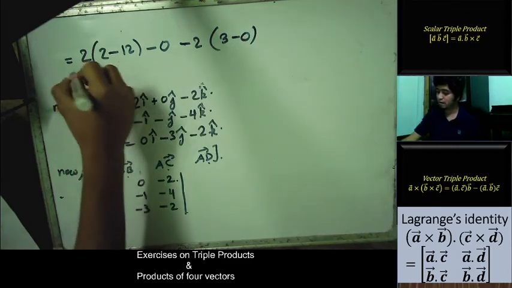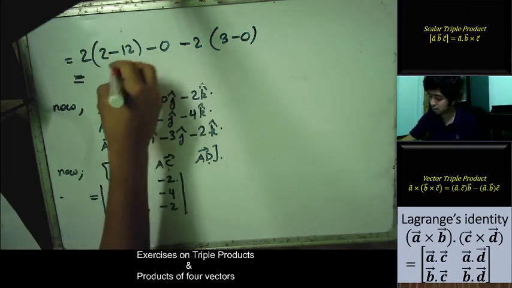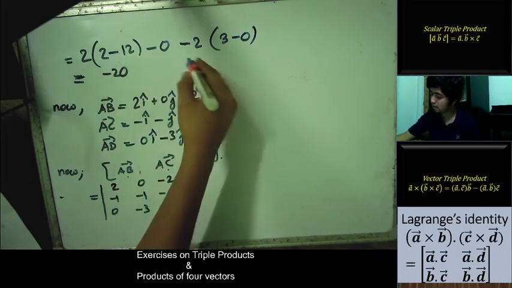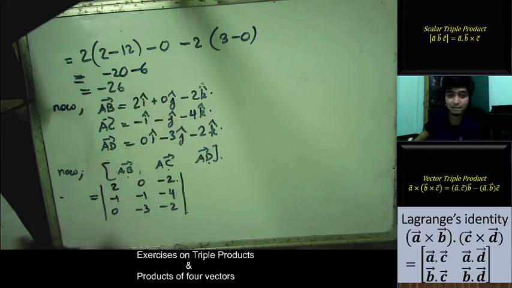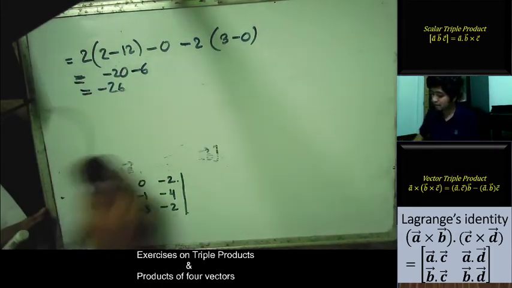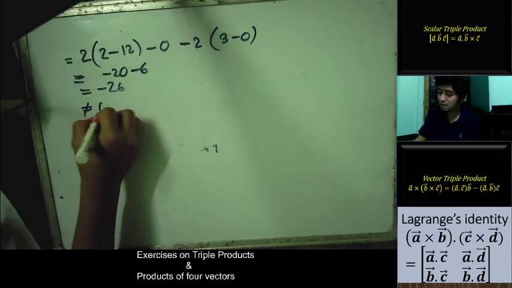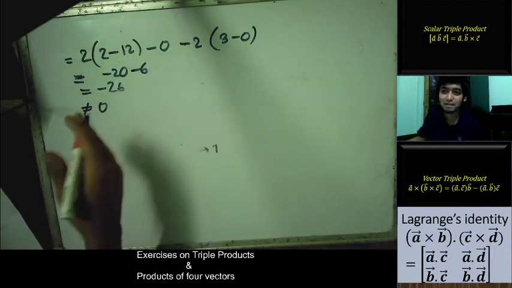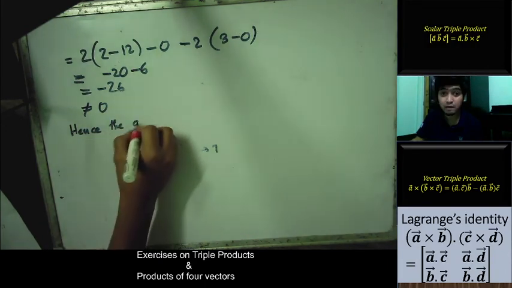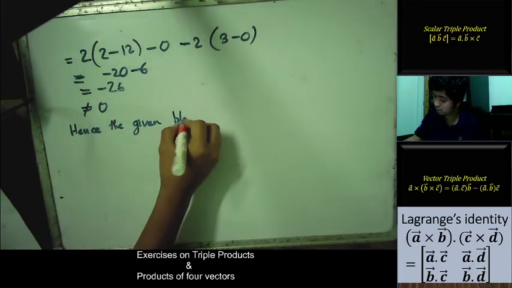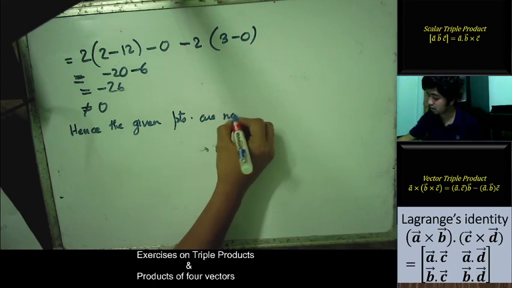So we have minus 2 minus 20, minus 6. So the final answer is minus 26. So you can say that it is unequal to 0. Since it is unequal to 0, hence the given points are not coplanar.